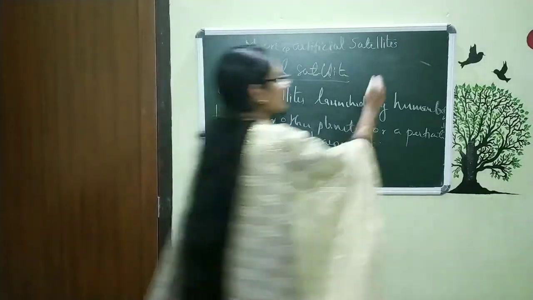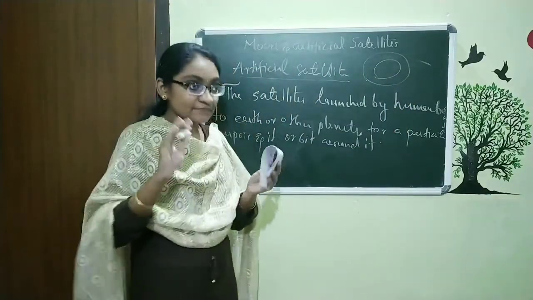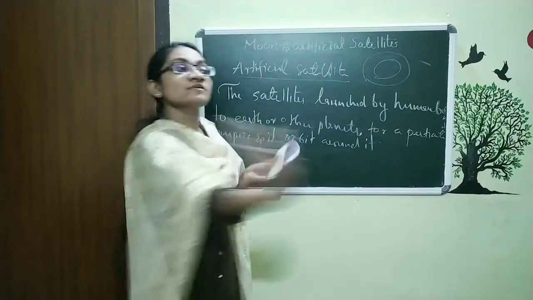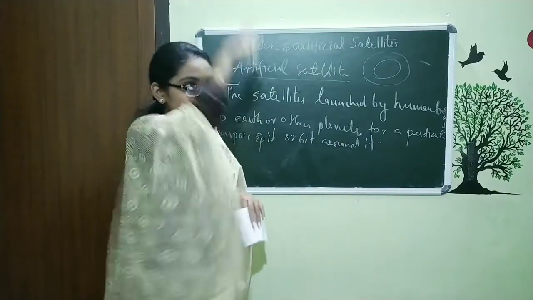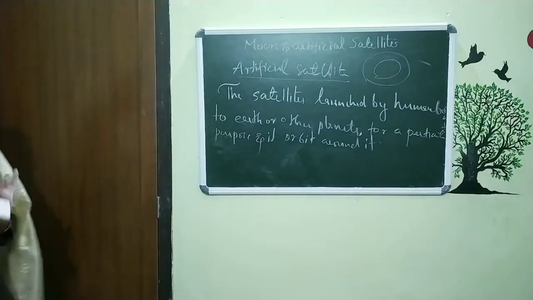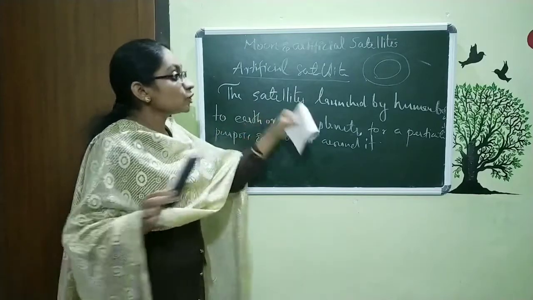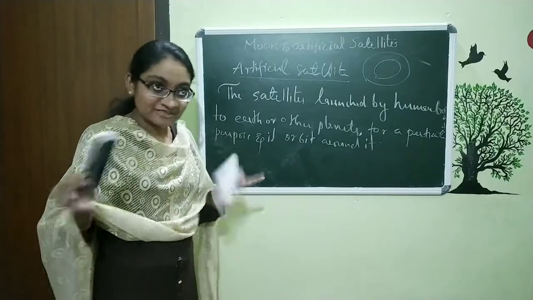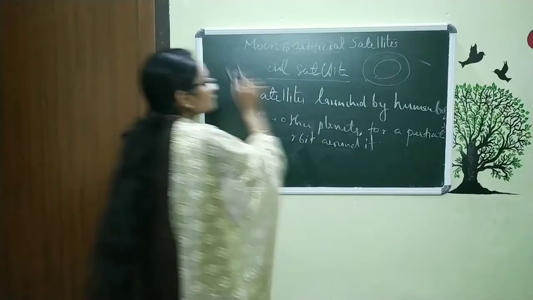That means if this is Earth, our satellite will revolve around it, sometimes like this, sometimes like this. There are different types of satellites and the revolution differs for each satellite, depending on the purpose. So this is the definition of artificial satellites: satellites launched by human beings to Earth or other planets for a particular purpose, revolving around the planet. That's all. A very simple definition.